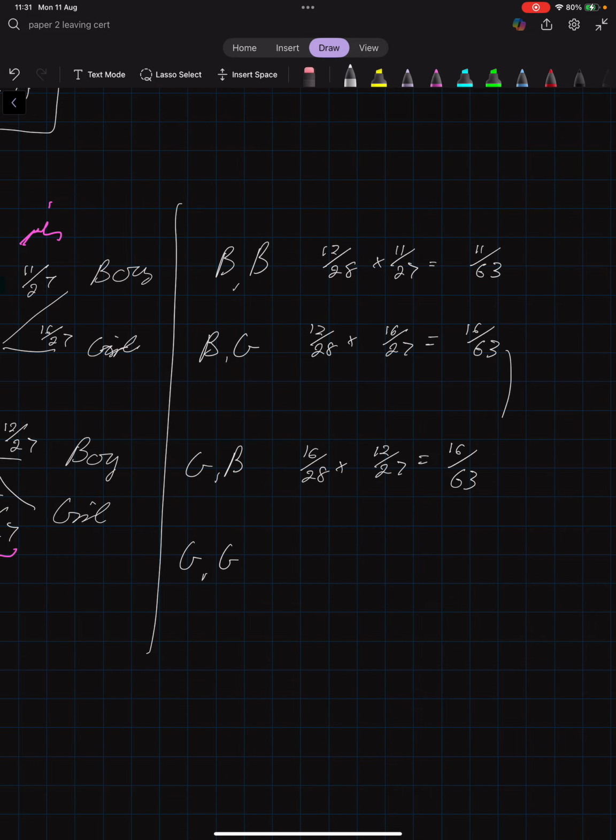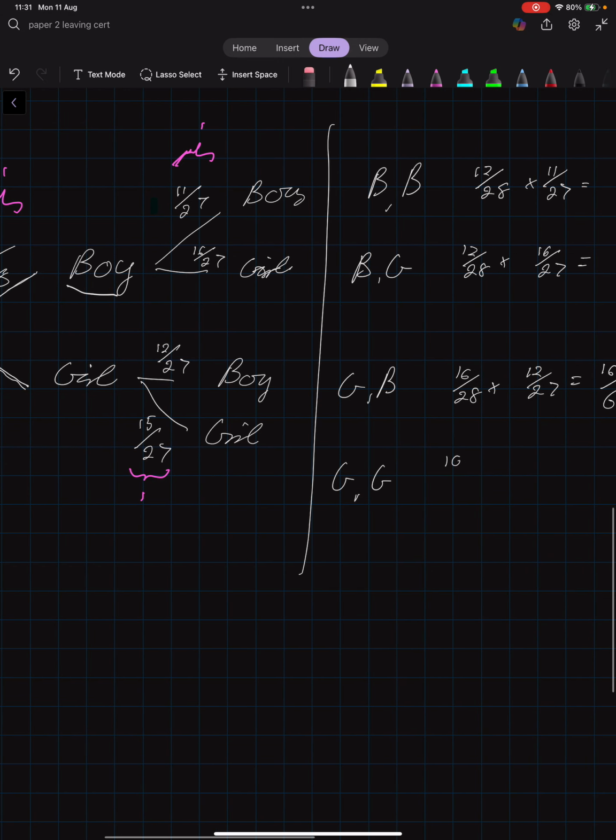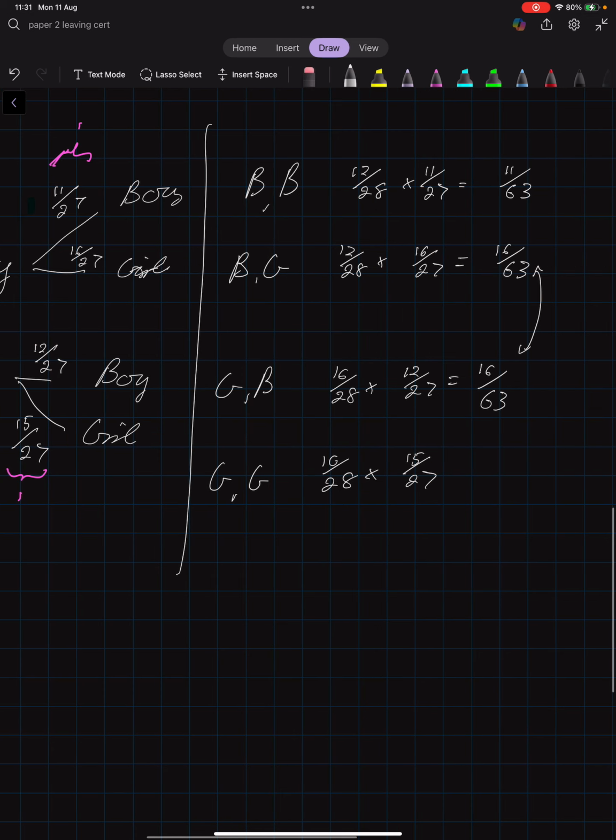Again, these two things are the same, which of course they would be. The chances of you picking a boy and a girl or a girl and a boy have to be the same. It shouldn't make any difference which comes first. Okay? And then for the girl and the girl, it's going to be 16 out of 28 times 15 out of 27. And that comes out to be 20 out of 63.